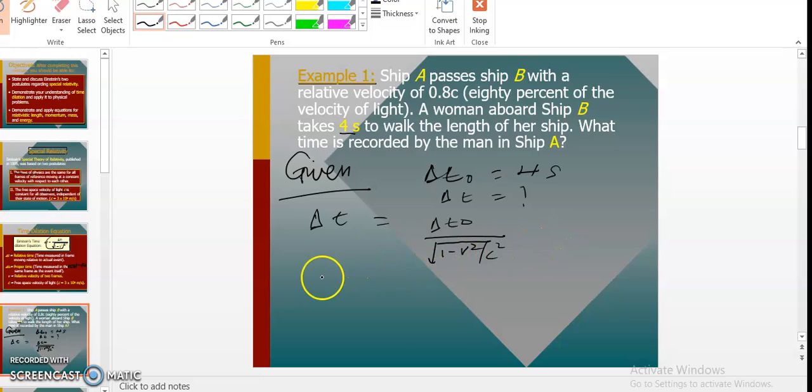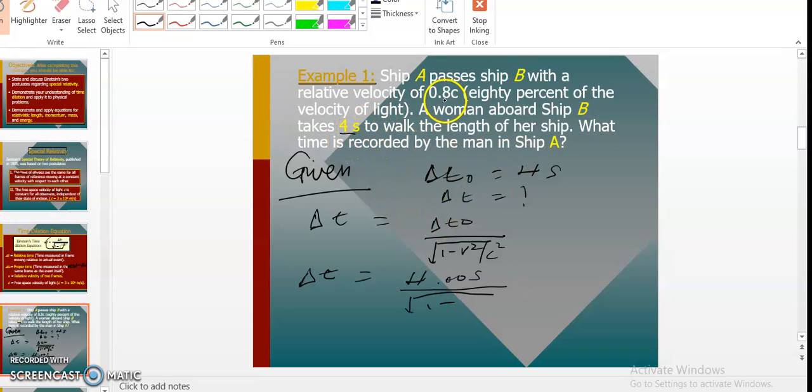This will imply that delta t will be equal to delta t naught, the proper time, which is 4 seconds, divided by the square root of 1 minus 0.8 squared.